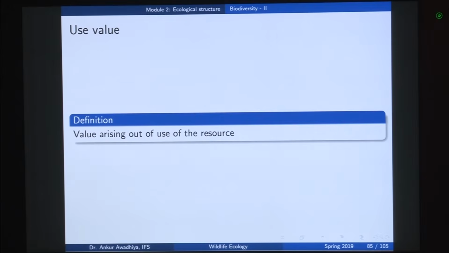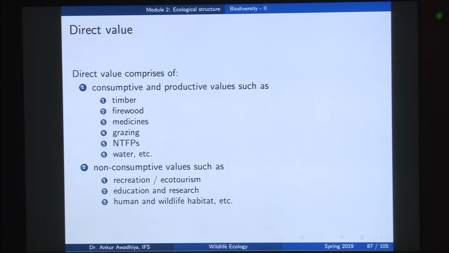Now, use value is value that is arising out of use of a resource, and non-use value is value that arises even though the resource is not being used. Now, direct value.